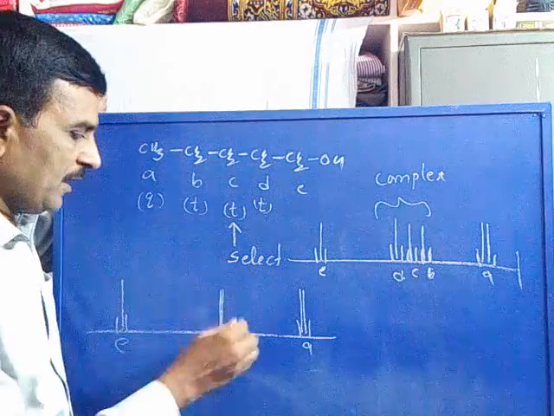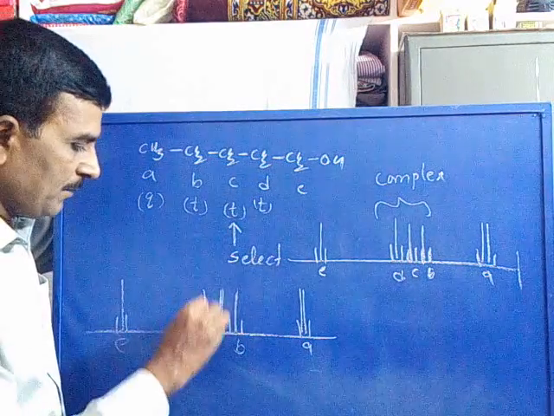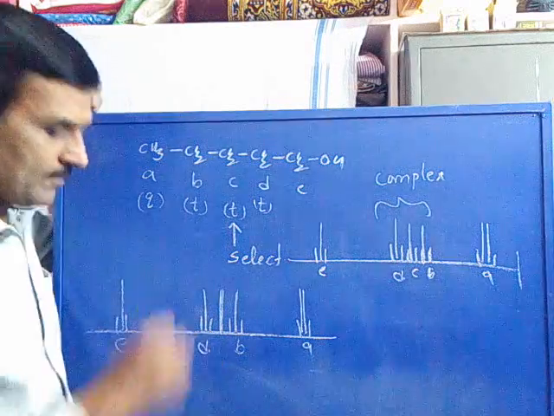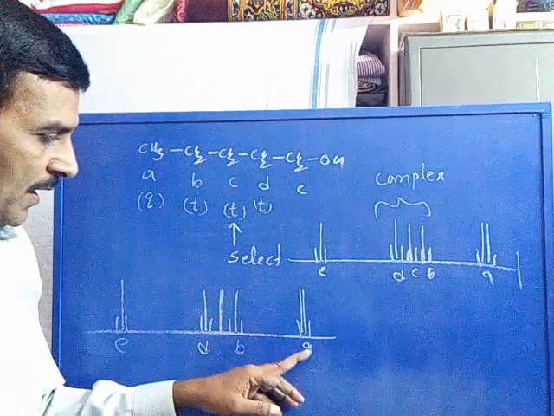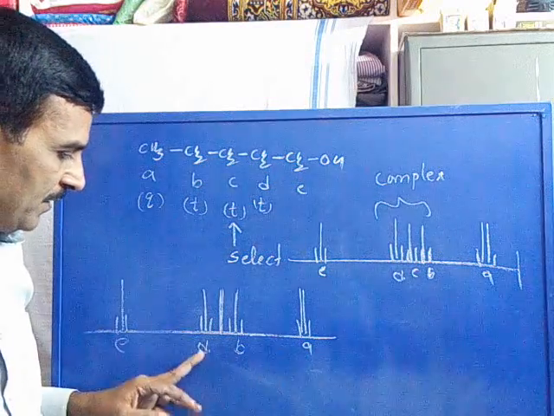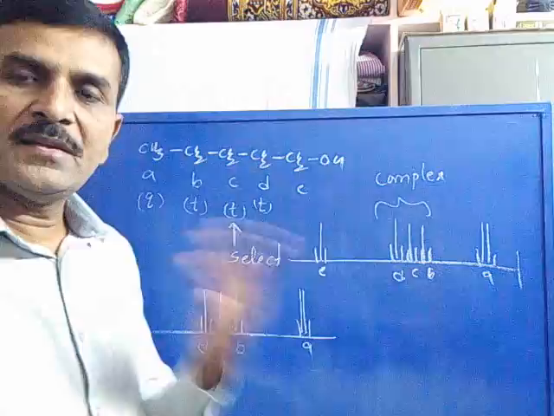Now B carbon triplet, D carbon triplet. Now this is the selective proton decoupled spectrum. A quartet, B triplet, D triplet, E triplet. Now C carbon appears as a singlet.